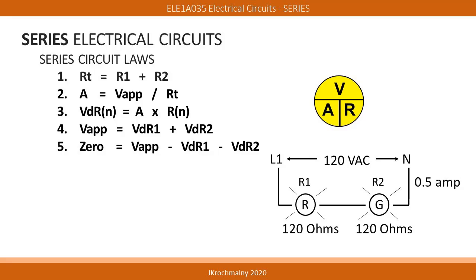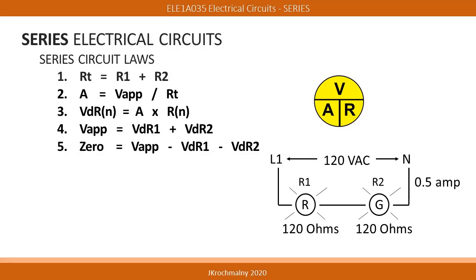VAPP equals VDR1 plus VDR2 plus VDR3 plus however many other loads you have in the circuit. The applied voltage is equal to the sum of the individual voltage drops across each load wired in series. 0 equals VAPP minus VDR1 minus VDR2 minus VDR3.